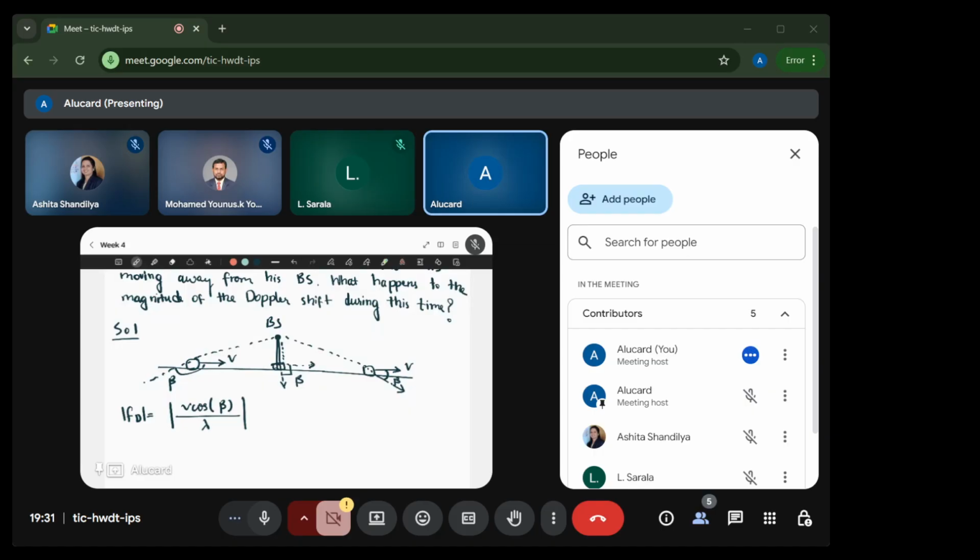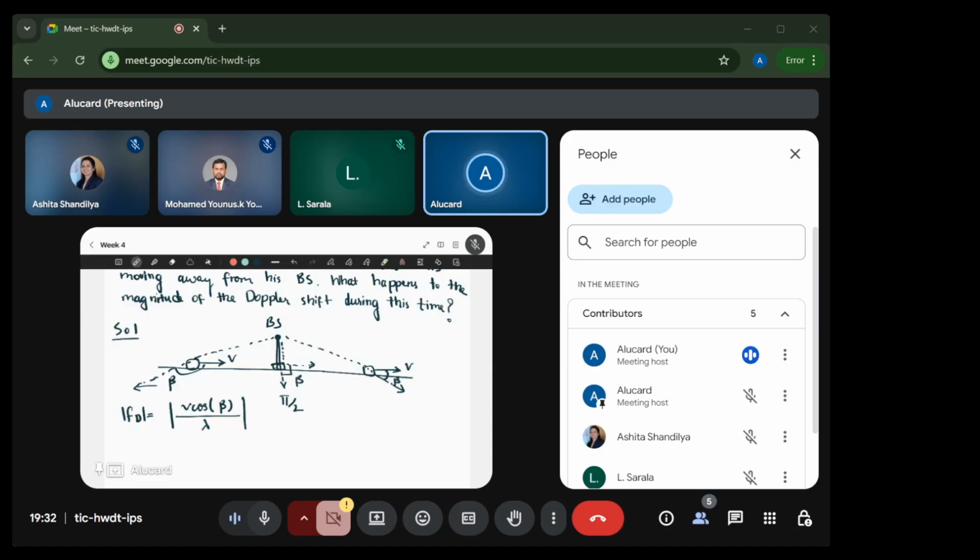So when he's right below the base station, he's making a 90-degree angle. When he is approaching the base station, he is making some angle beta, which is more than 90 degrees but less than 180. In the limit, let's say he is infinitely far away from the base station, he would be making an angle of pi. That is, his direction of motion would be exactly opposite to the direction of the radio waves.